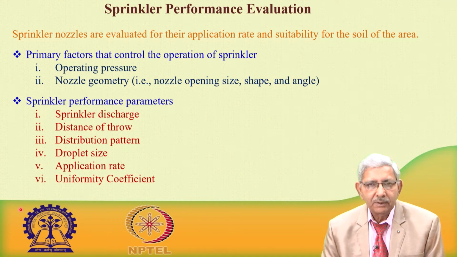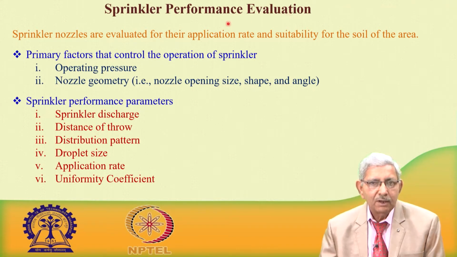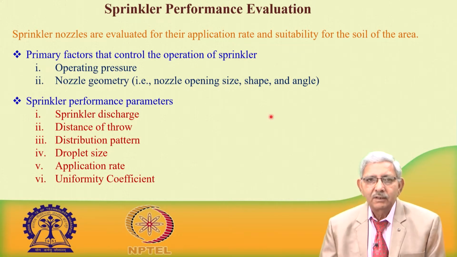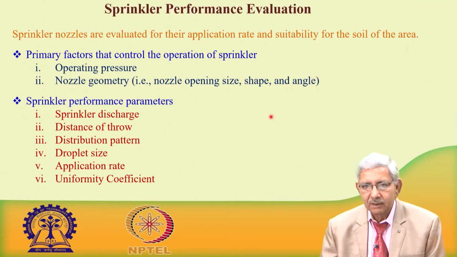When we talk of the performance of a sprinkler nozzle, we say a nozzle is evaluated for its application rate and its suitability with respect to the infiltration capacity of the soil.